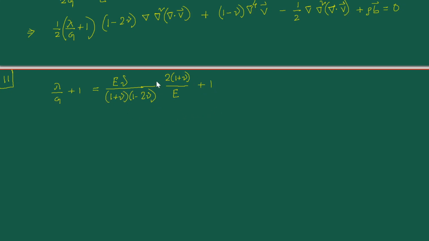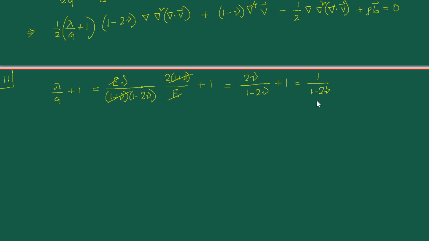So this 1 plus nu cancels with this 1 plus nu. This e cancels with this e. And what we are left with basically is twice nu divided by 1 minus twice nu plus 1, which is nothing but 1 minus twice nu.